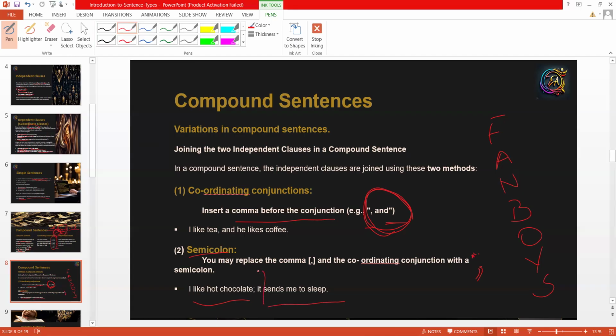Now, why am I emphasizing this use of the semicolon? Because there are very, very few students who know where they should place this semicolon.